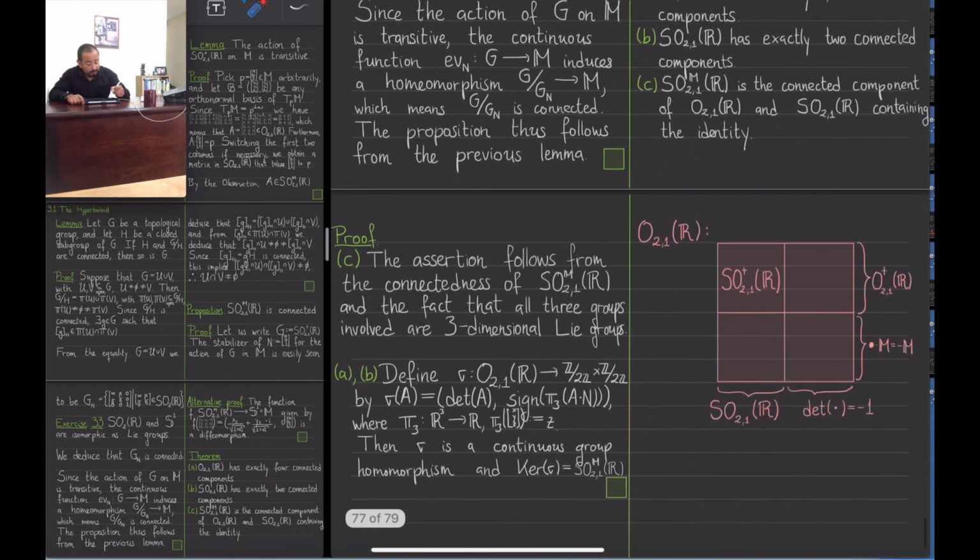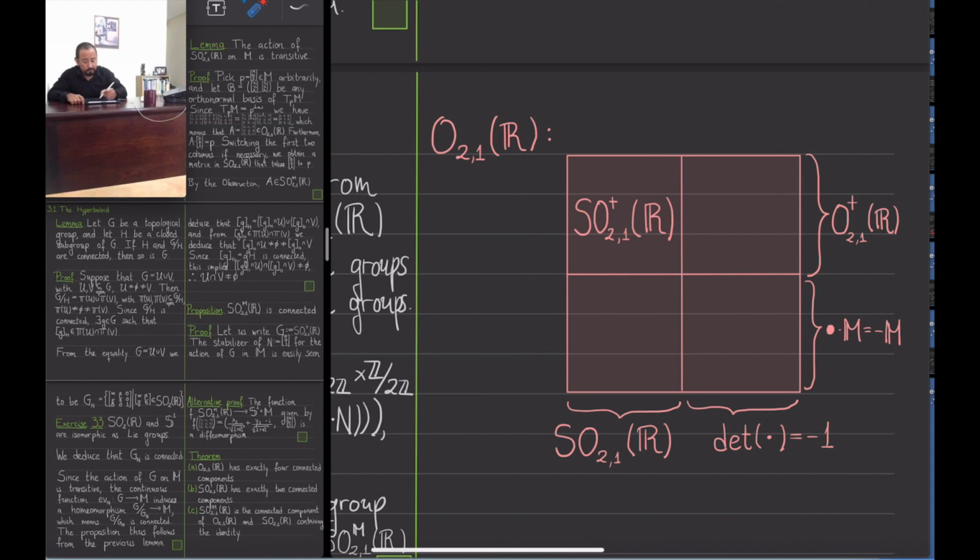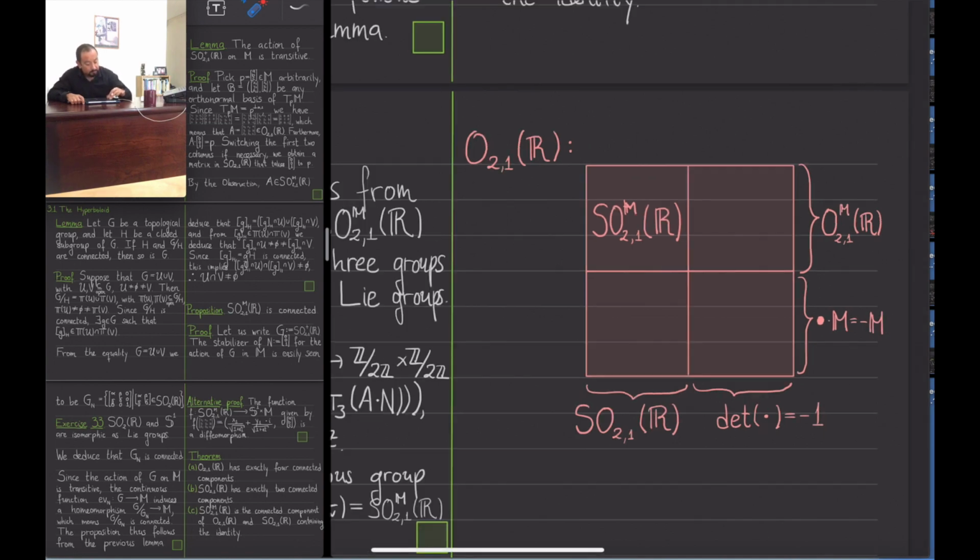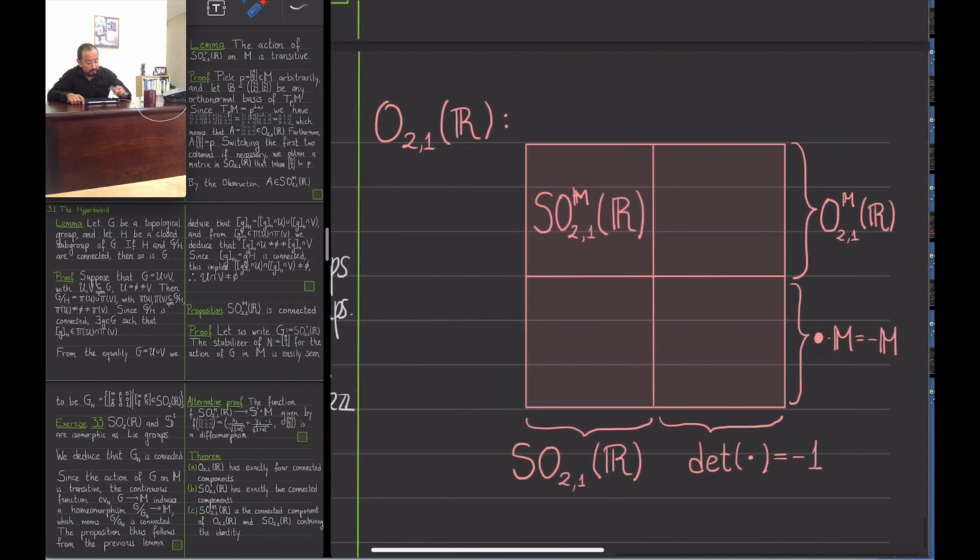Okay, and here is a picture. So to avoid confusion here, let me write M here, and here also M. So remember, this is the orthochronous Lorentz group.